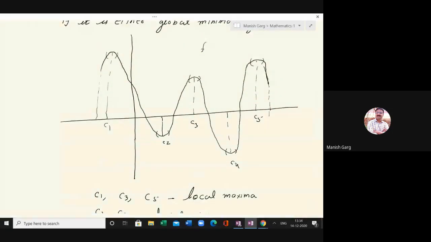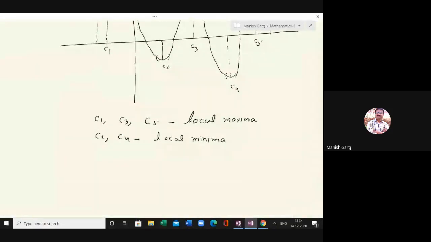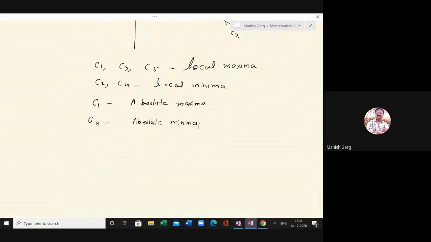From the figure you can say c1 is the absolute maxima and c4 is the absolute minima. So is it clear what is absolute maxima or minima?